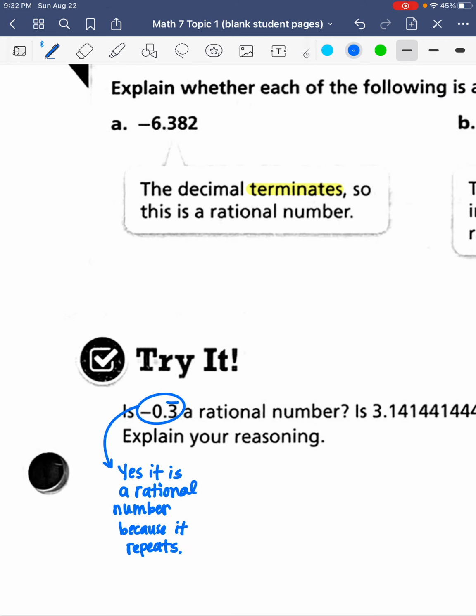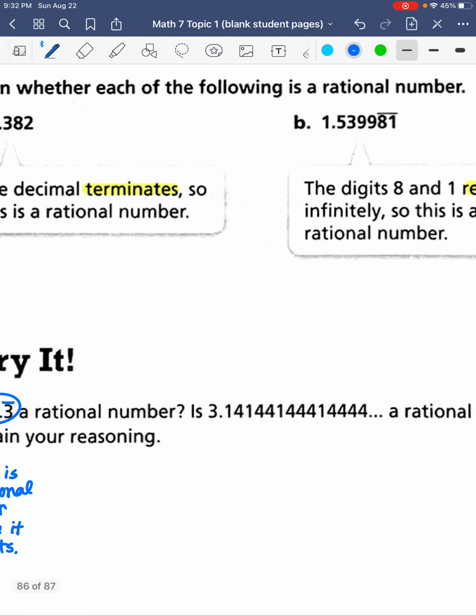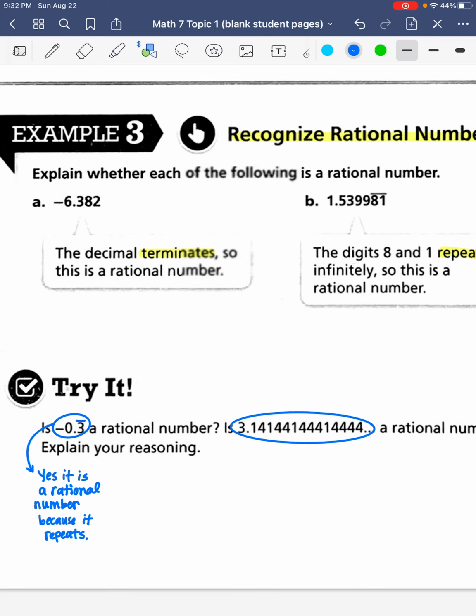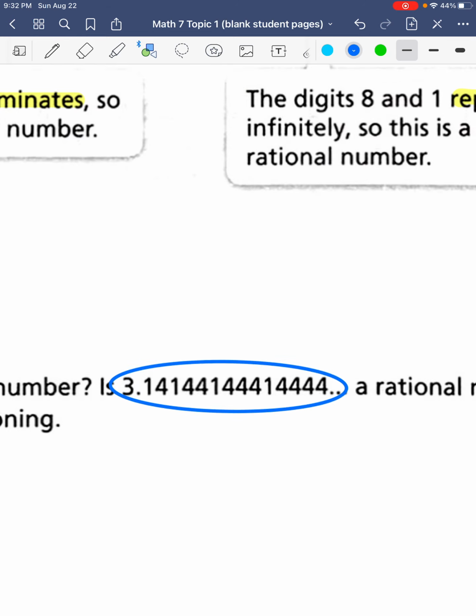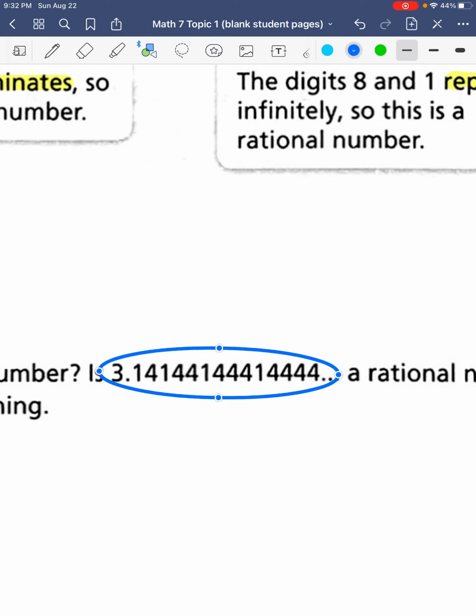Okay, let's answer the second question. Is this number right here a rational number? Well, here's what we know about that number. I'm going to expand it a little bit. Okay, I've got 3.14, 144, 1444, 14444.